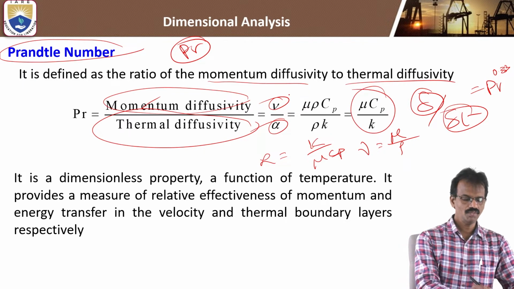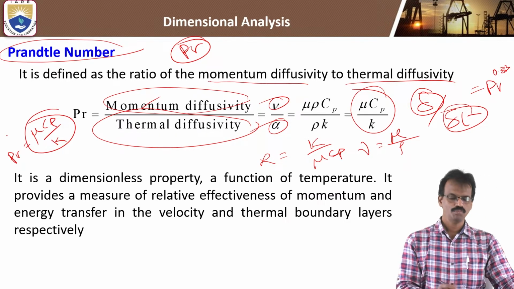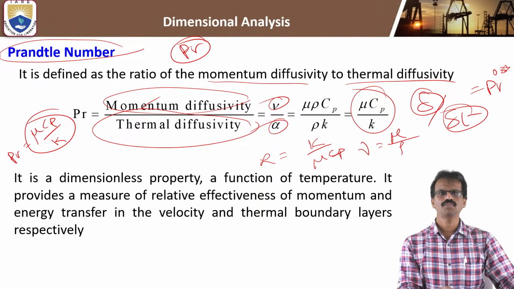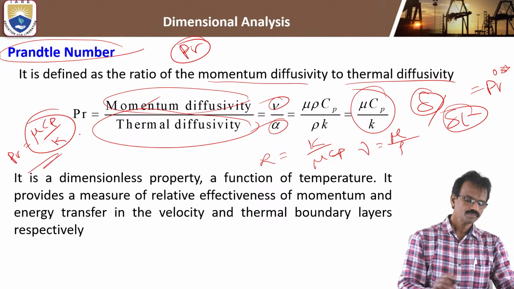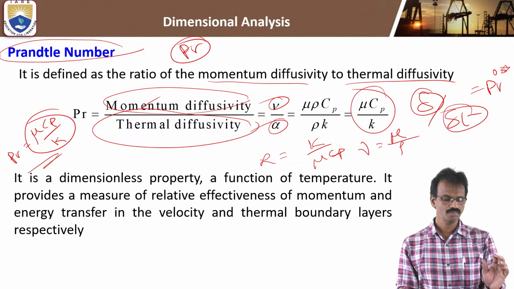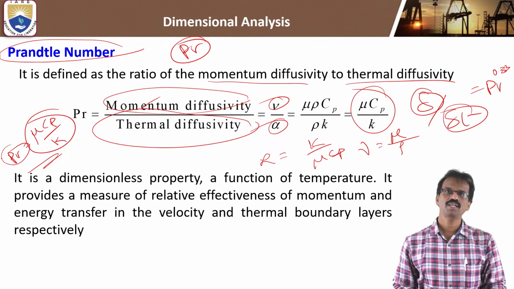So the Prandtl value is equal to mu cp by k. So mu is the dynamic viscosity, k is the thermal conductivity of the fluid, and cp is the specific heat of the fluid. If the Prandtl number is not given, you can find it by using these parameters.